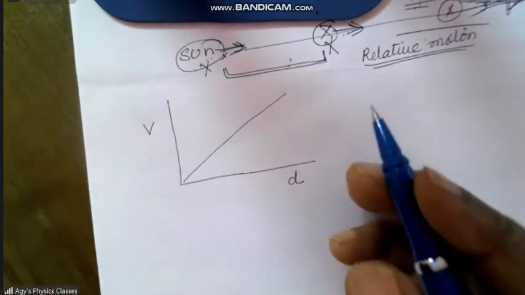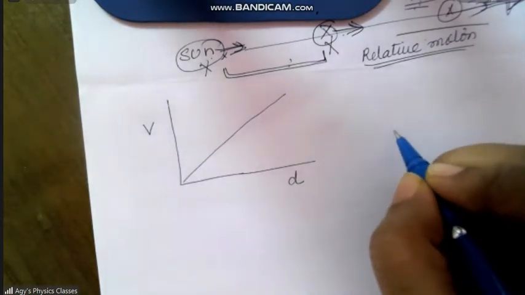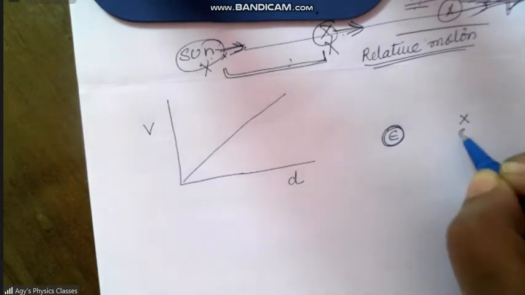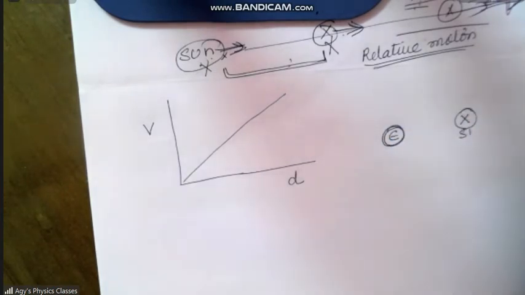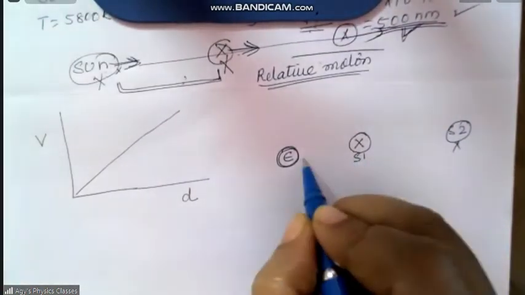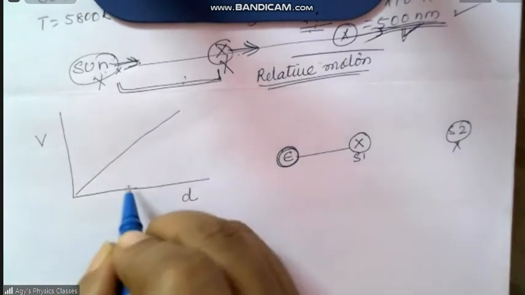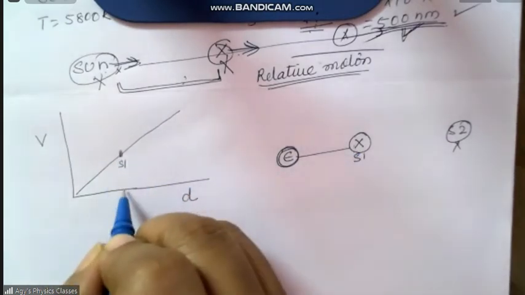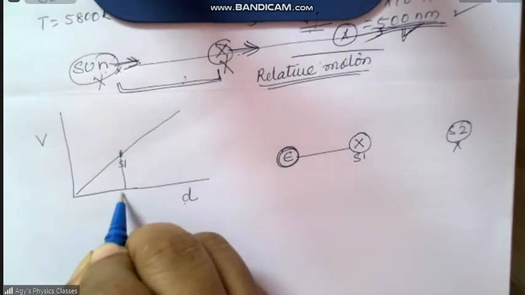What does that mean? If this is our Earth, you have got one star, star 1 here, and star 2 here. This star 1 is closer to you because its distance is less.